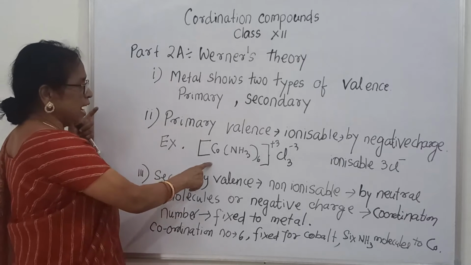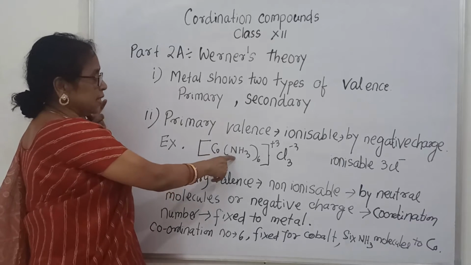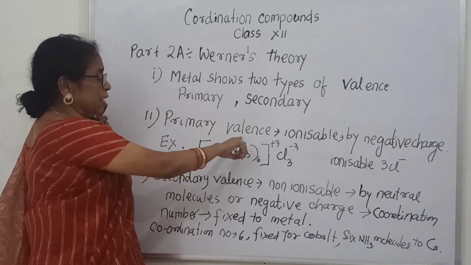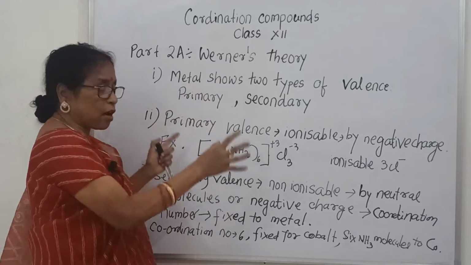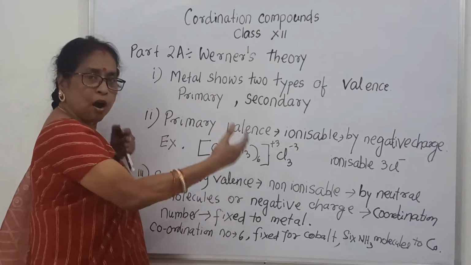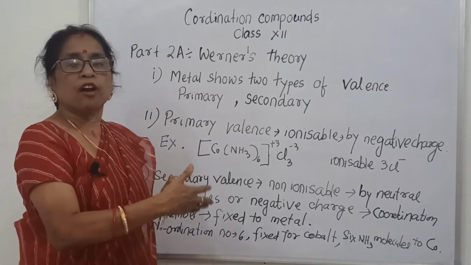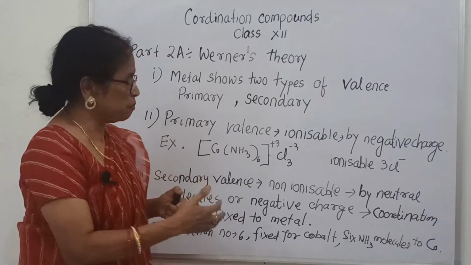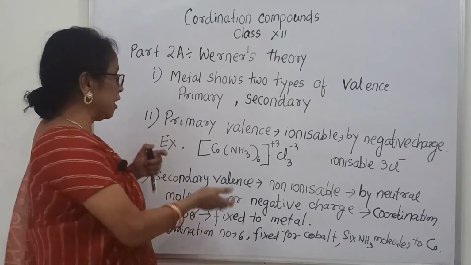Just like here, Co means cobalt, NH3 is the ammonia molecule, and how many? 6 molecules of ammonia, surrounded by one square bracket, and the charge is plus 3. How is the charge plus 3? That is clear from the nomenclature of coordination compounds. Only remember now, and after that it will be clear.